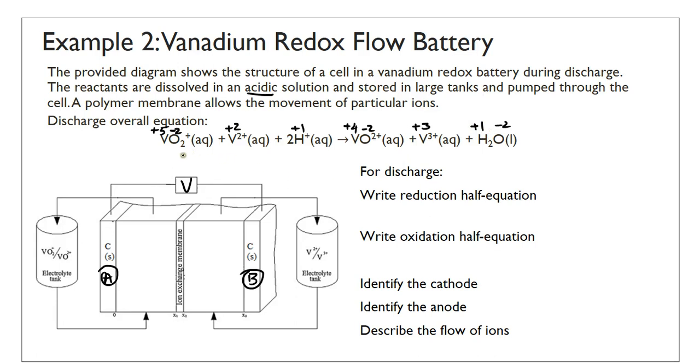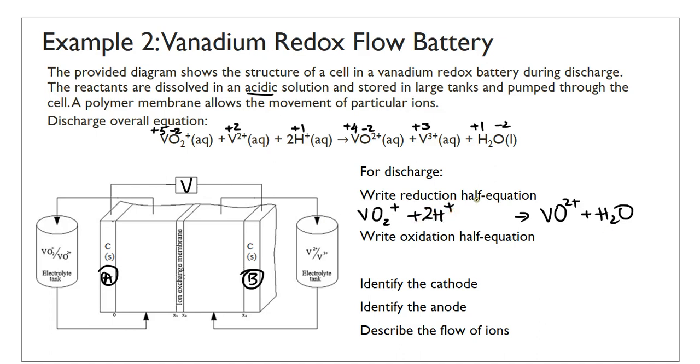All right, reduction, positive 5 to positive 4, so VO2 plus. Please take care to write the notation correctly: VO2 plus. Okay, so that's that. What am I doing? Yes, acidic condition, so I can use H2O, so I need to add H2O, and then I'm going to add 2H plus to balance the hydrogen.